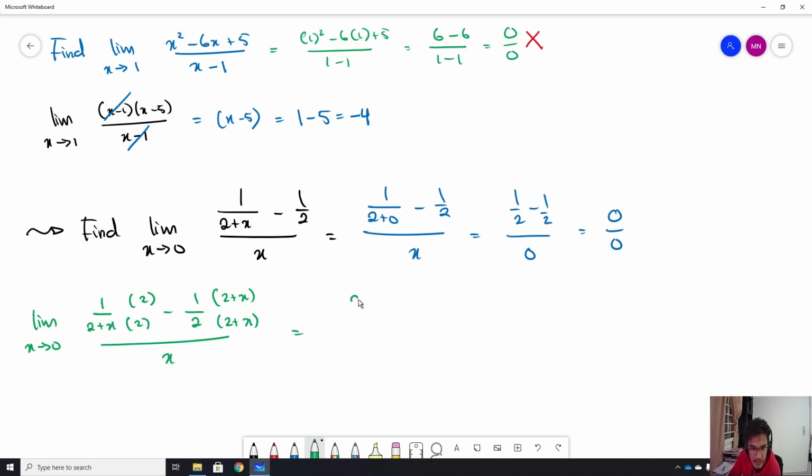So then we get 2 minus 2 plus x over 2 times 2 plus x, over x.